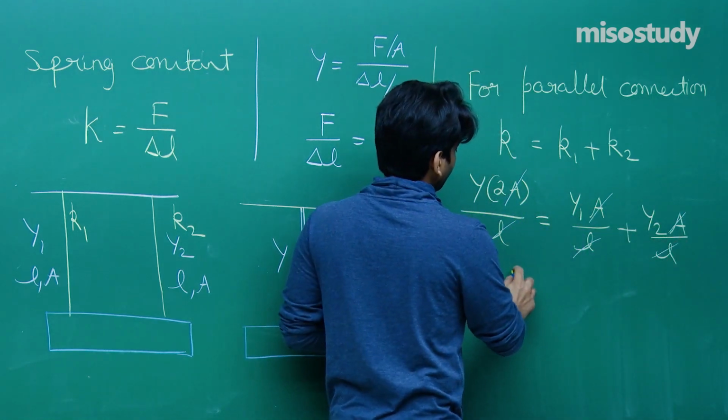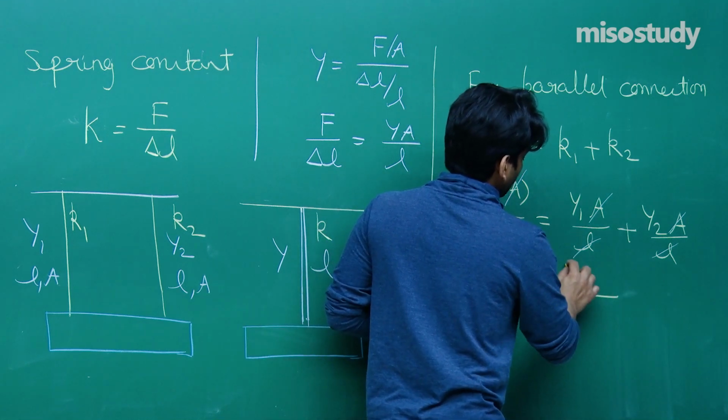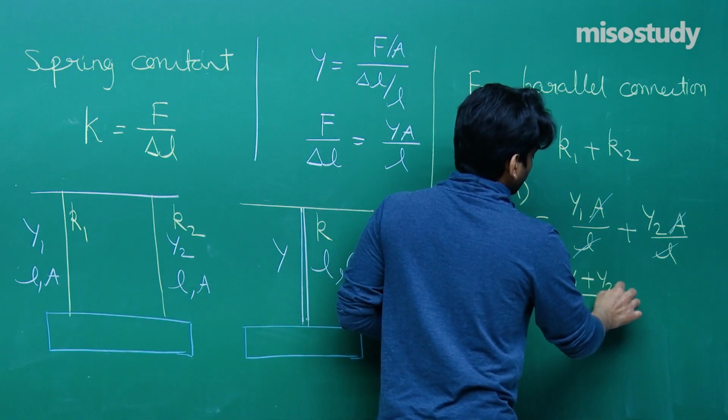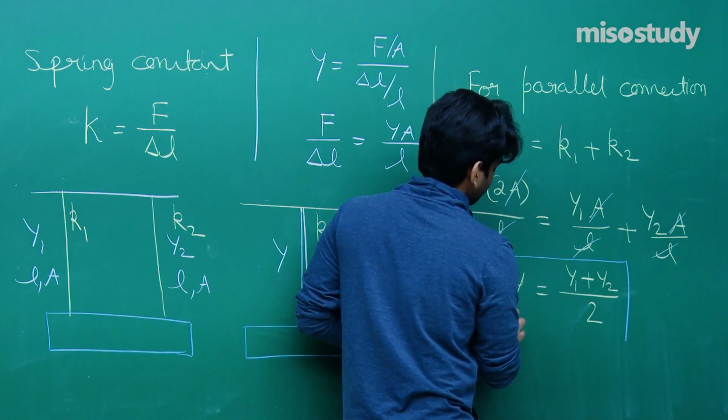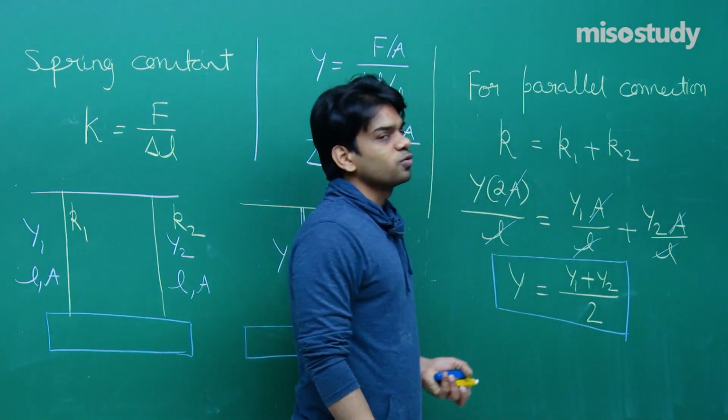We will have Y equal to Y1 plus Y2 divided by 2. Easily you can identify Y equals Y1 plus Y2 by 2.